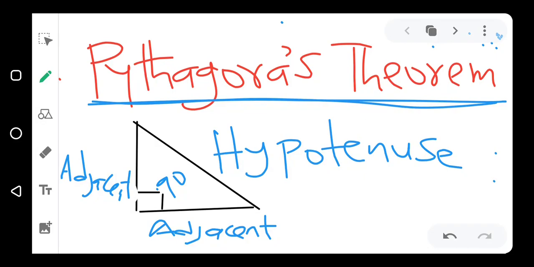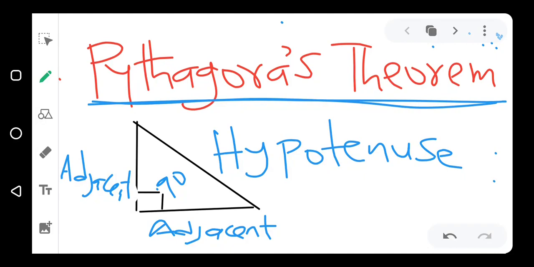And we also believe that you know the types of triangles that we have: the equilateral triangle, the isosceles triangle, the scalene triangle, and the right-angled triangle. For today, our focus is going to be on the right-angled triangle.